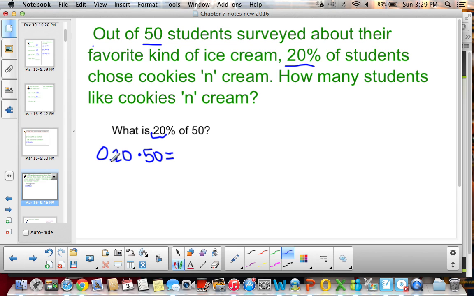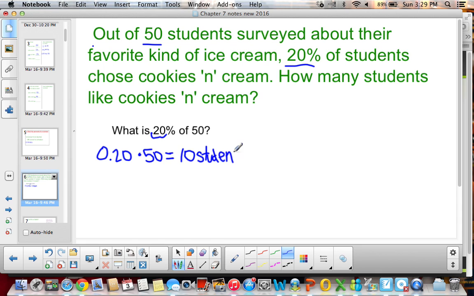You have to make sure that you have the decimal points in the correct spot. So 0.20 times 50 equals 10. So 10 students said that they like cookies and cream.